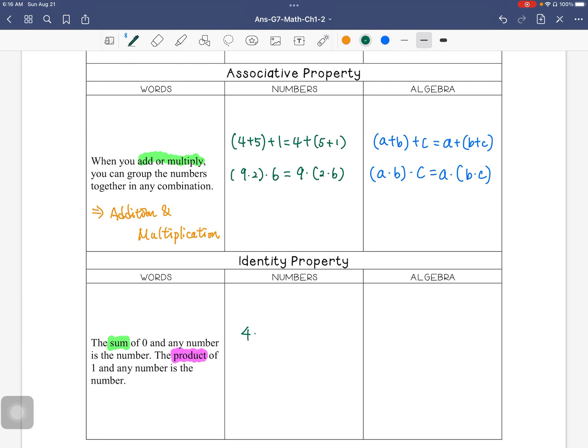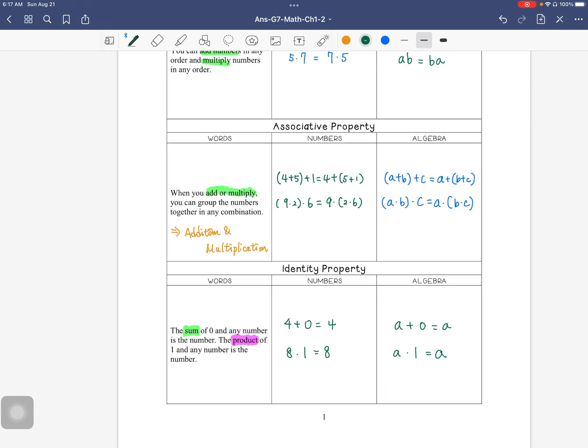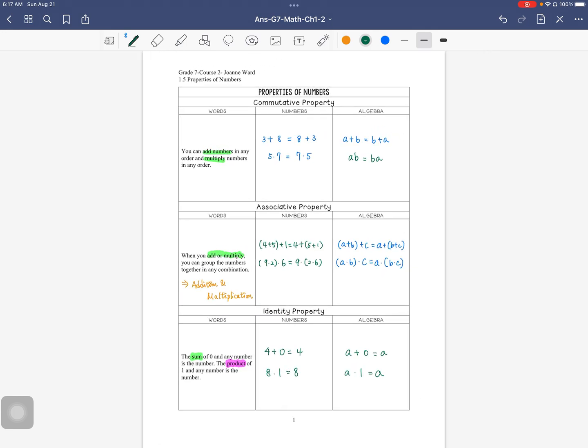So 4 plus 0 is 4. 8 times 1 is 8. So 8 plus 0 is 8, and then 8 times 1 is 8. So these are commutative property, associative property, and identity property.